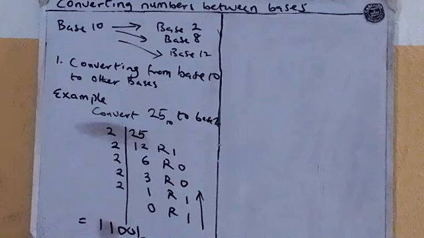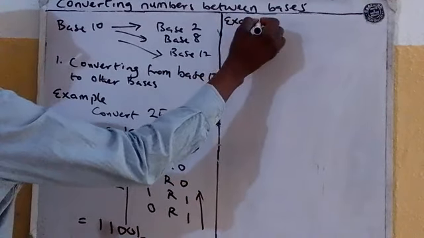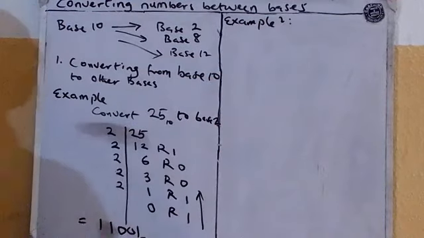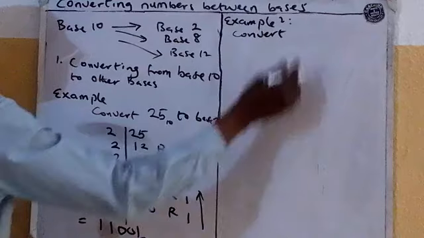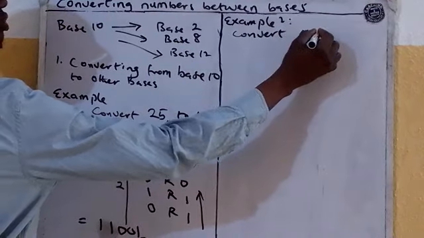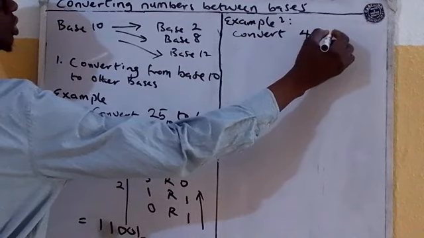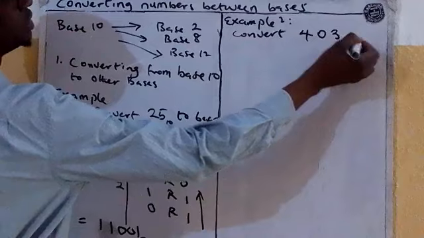If, for instance, again, we need to convert, another example, example 2. Say convert 403, which is in base 10. This is another way of writing it.